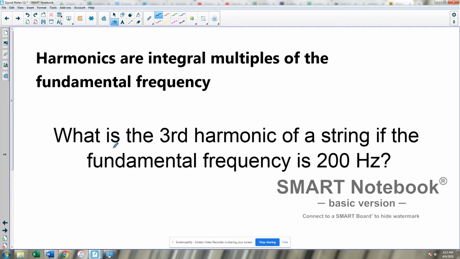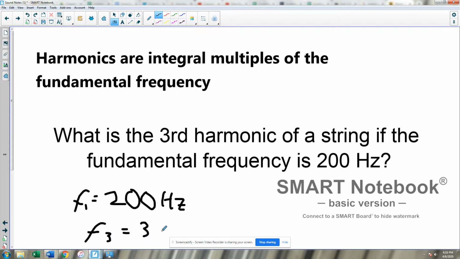So this question asks, what is the third harmonic of a string if the fundamental frequency is 200 hertz? So the fundamental frequency, F1, is 200 hertz. That means that the third harmonic, F3, has to be 3 times the fundamental frequency.